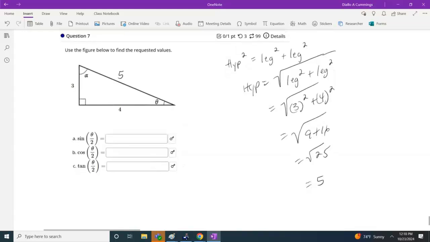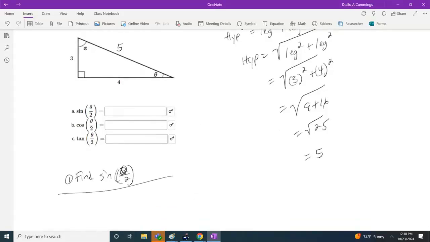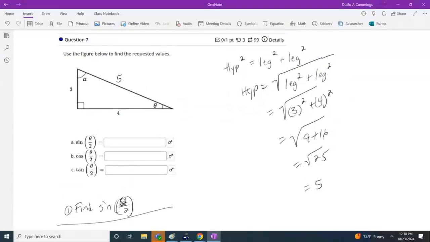Now, let's find the half angle for sine. Notice I have two angles, an alpha and a theta. We're asked to find the sine of theta over 2.